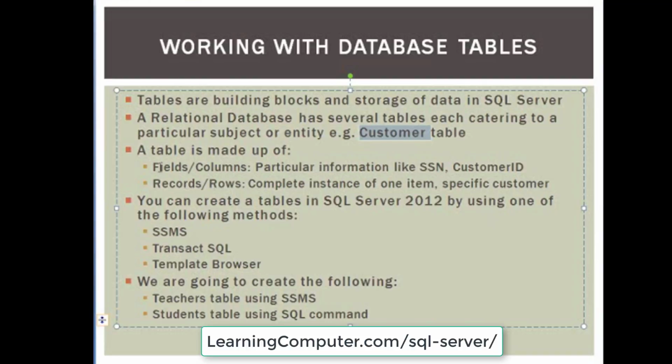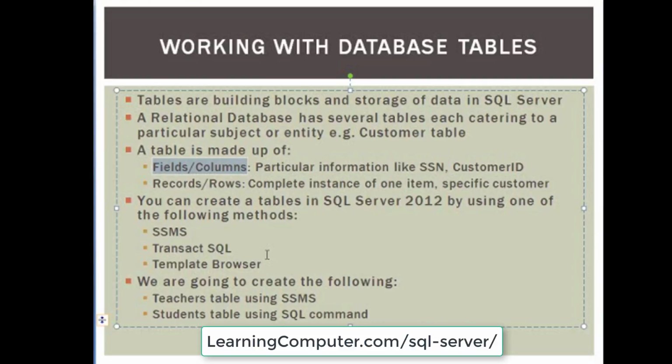You have the fields, so these contain particular information on a specific item. An example I have in here is social security number. You go to a doctor's office, first thing they would like to know is, what is your social security number? Or you may have a customer database and you may be looking at a customer ID column.